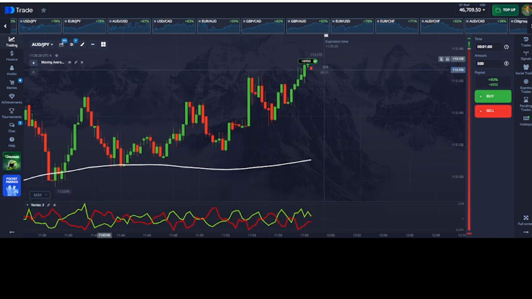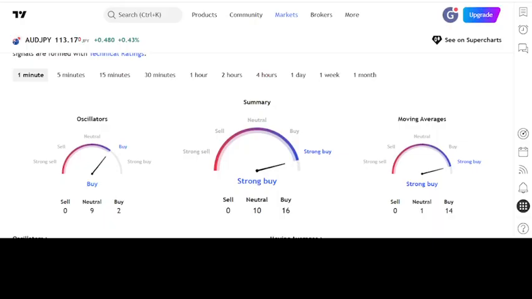All right, so let me go back to the technical indicator. Let's see. Okay, the 5 minute is still giving us strong buy. The 1 minute, okay, it's just giving us buy, but that's fine.